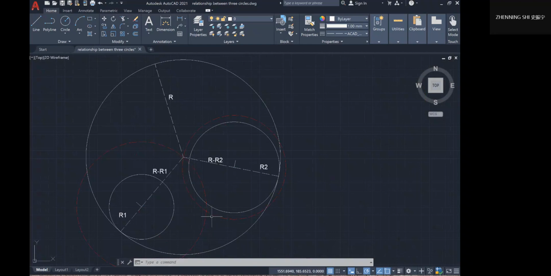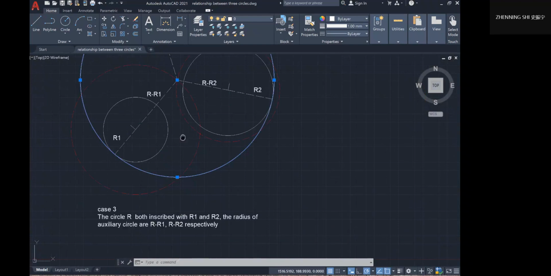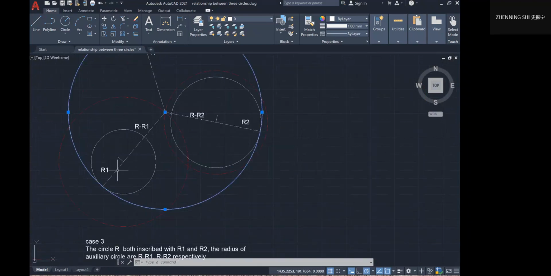So you can find this if you draw the R at here. This is the R center, and the R is both inscribed with R1 and R2. This one. Okay, so in the same way, we can find another point.